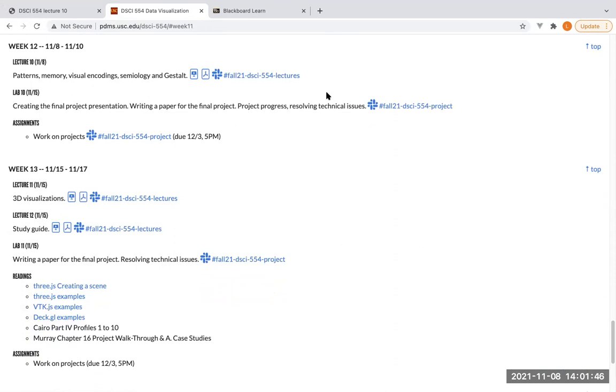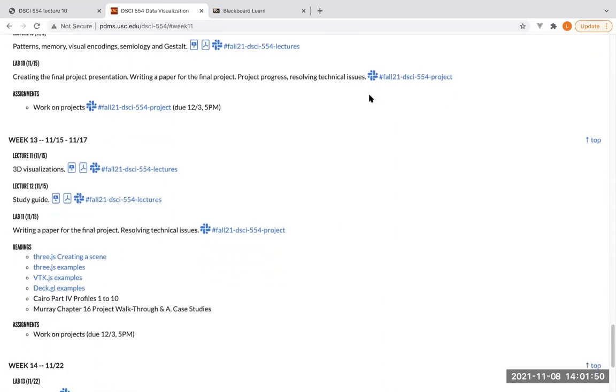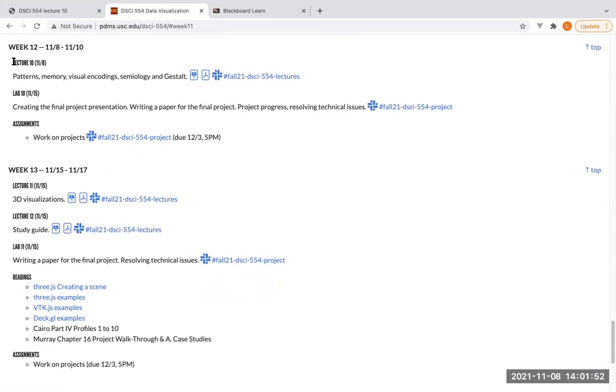We had a bit of time, and I updated the schedule for the remainder of the semester. So today we're going to do these lectures on patterns, memory, and visual encodings. On Wednesday, I'd like us to get back to the projects.